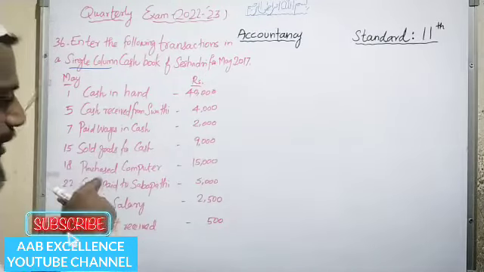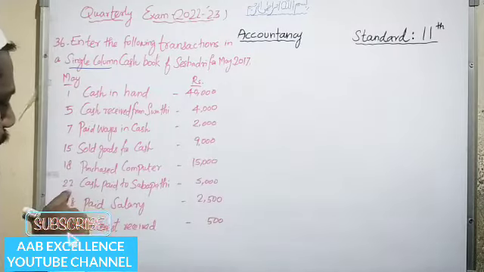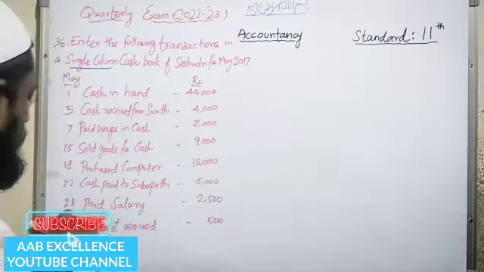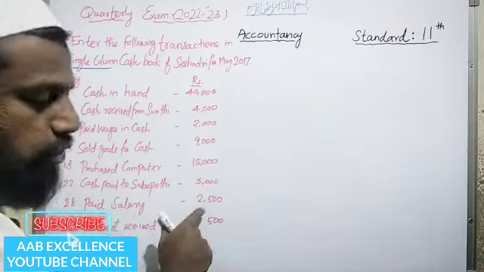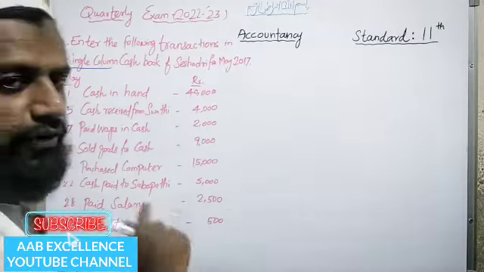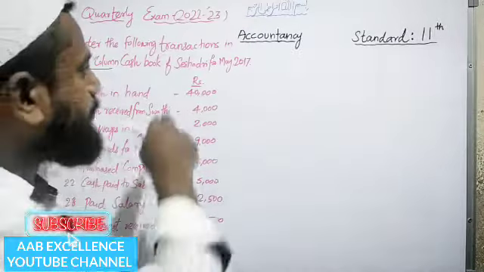May 18, purchased computer 15,000 rupees. May 22, cash paid to Sabapati 5,000. May 28, paid salary 2,500. The last transaction, May 30, interest received 500 rupees. Okay, students, these are the given transactions.